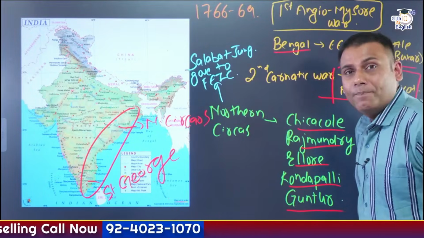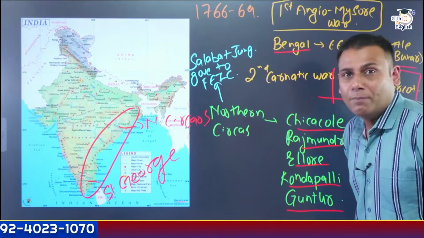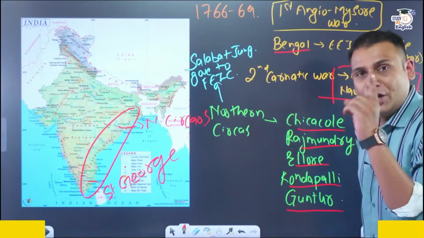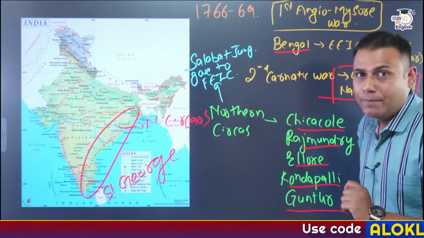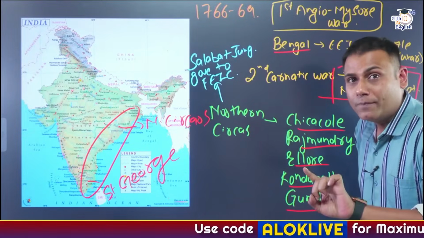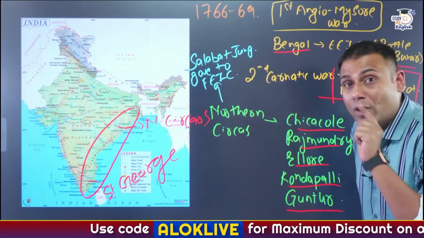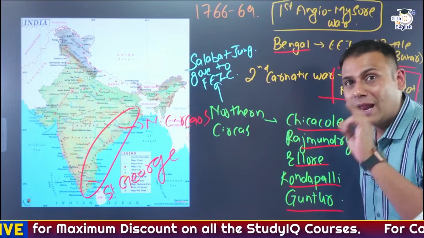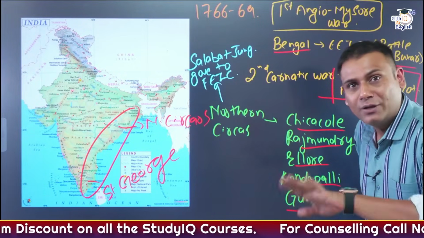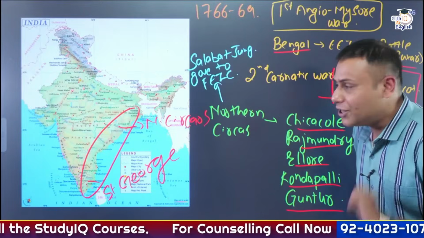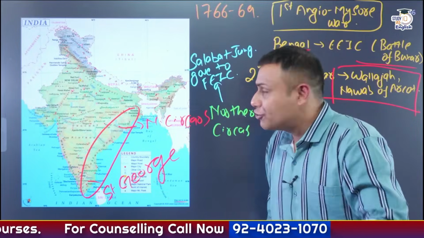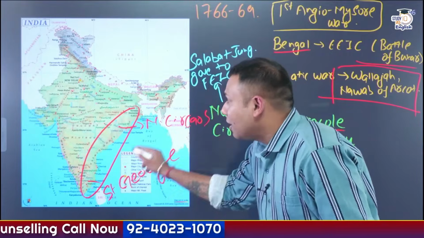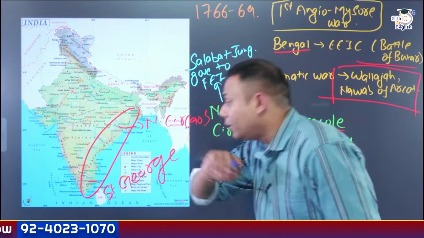Bengal was under the English East India Company after the Battle of Buxar. During the Second Anglo-Carnatic War, the Nawab of Arcot, whose name was Wallaja, was being helped by the English East India Company. So he became an ally of the English East India Company in South India. Now the English East India Company had an aspiration to cover the entire region from Fort William to Fort St. George.